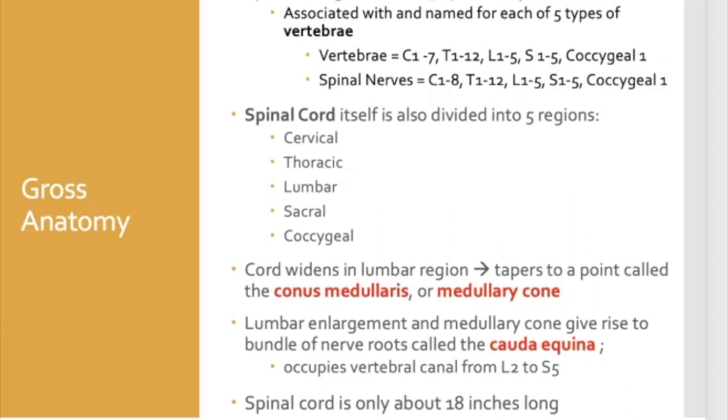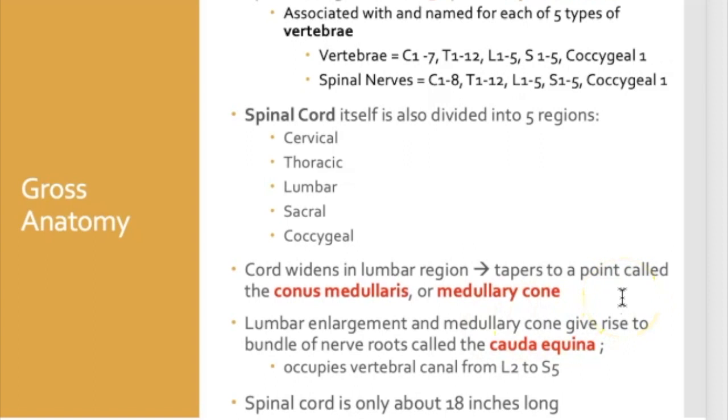Remember, the spinal cord is only about 18 inches long. It comes down from the brain to the level of about L1, the first lumbar vertebra, where it widens and then tapers to a point called the conus medullaris, or the medullary cone.